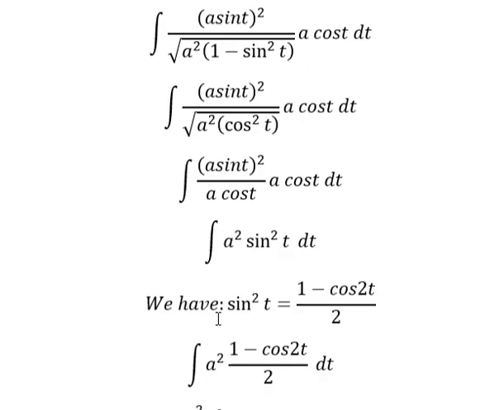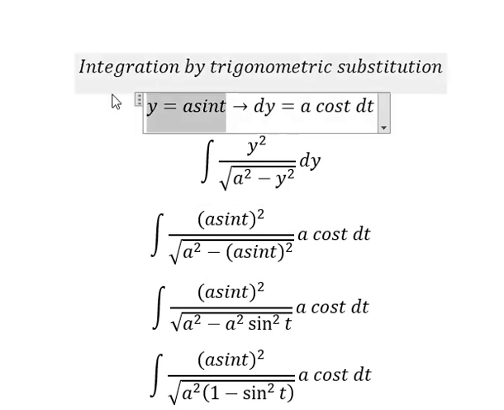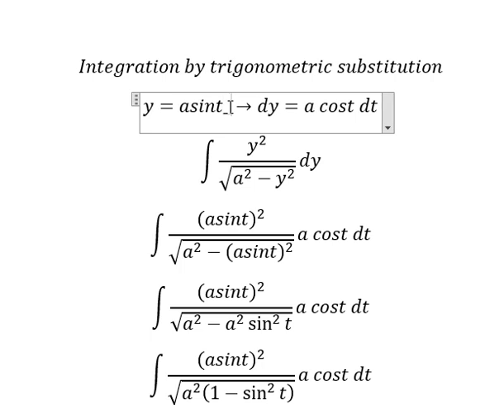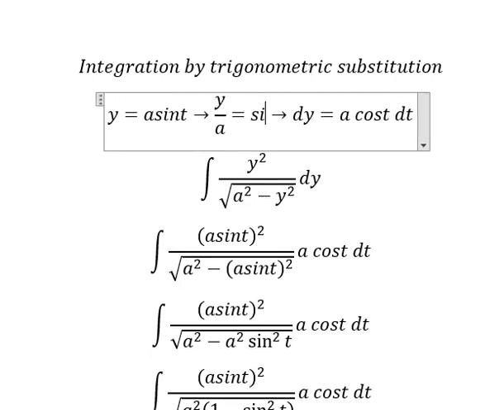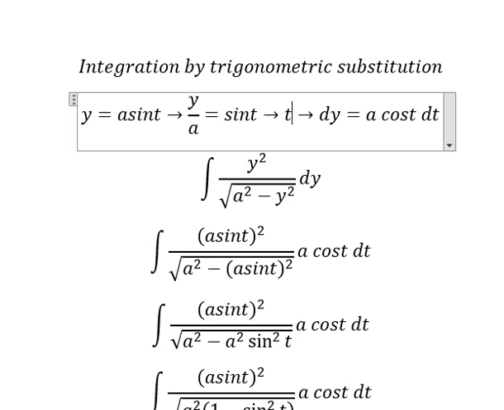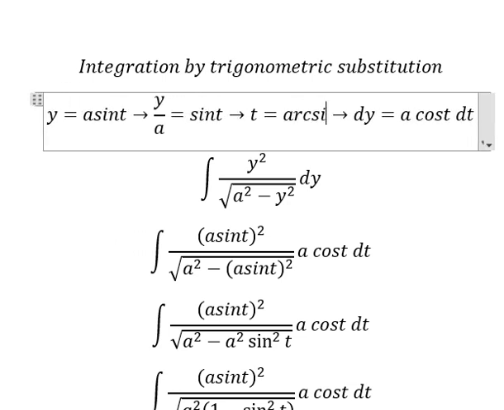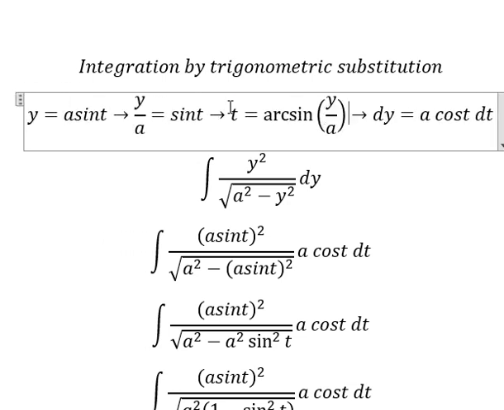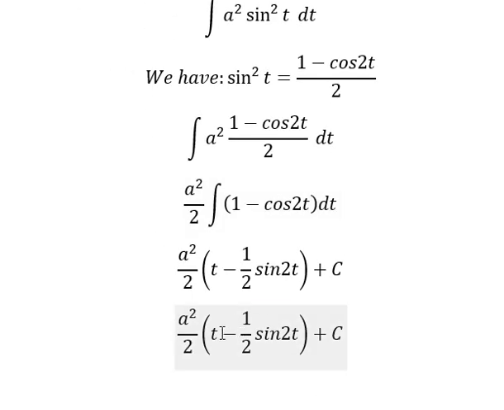About t, that is about this one. So we divide both sides by a. And we have t equals arc sine of y over a. So I will put this one to change for t.